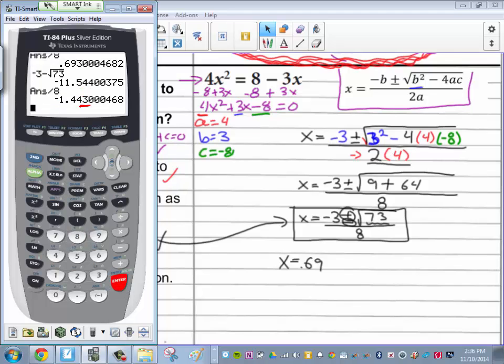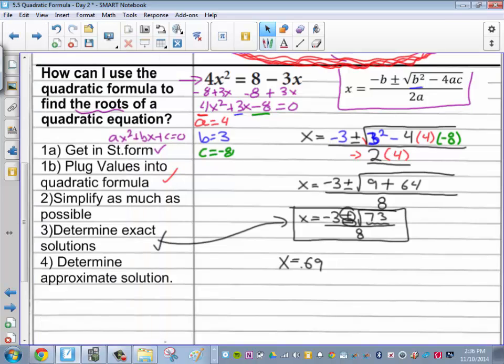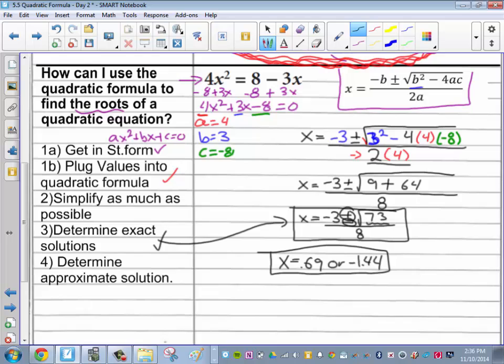And so I got negative 1.44. So here are our approximate solutions right here. Those are our two approximate solutions.